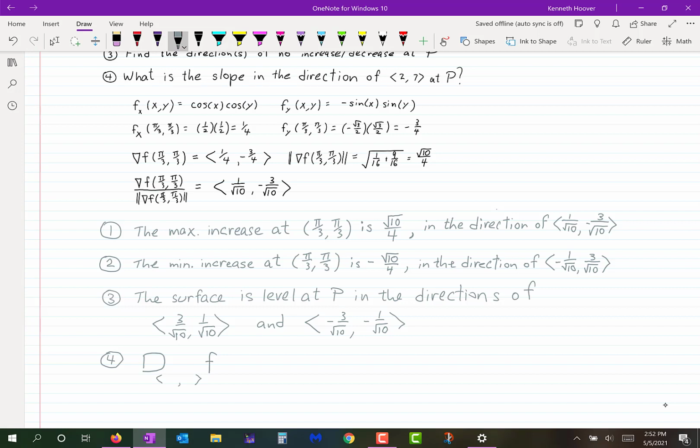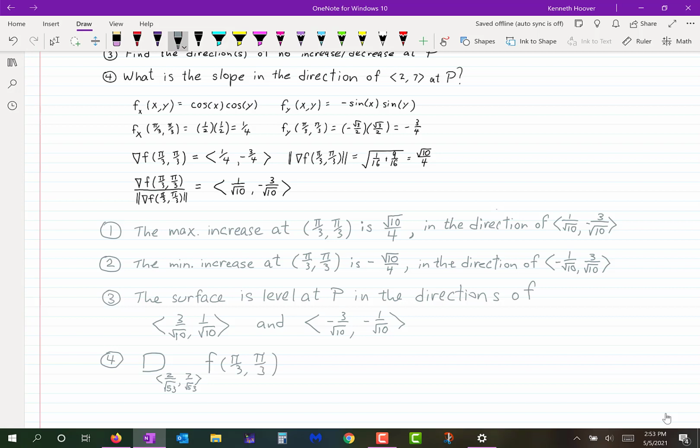So for my direction vector, I'm going to put 2 over square root of 53, 7 over square root 53. Okay, and this is at the point pi over 3, pi over 3.